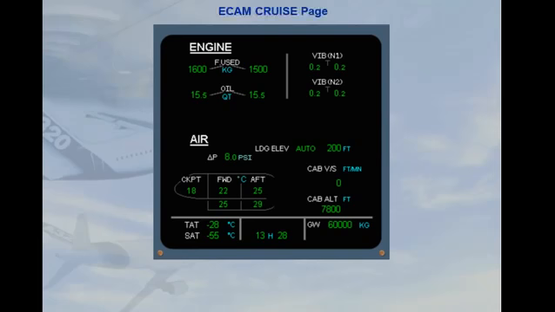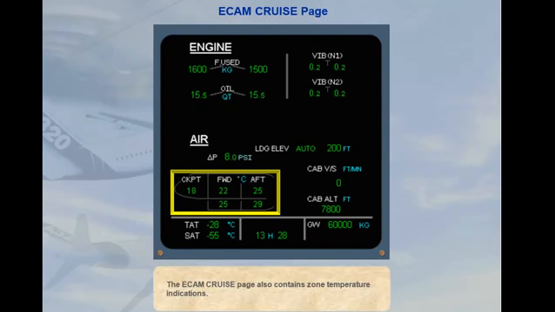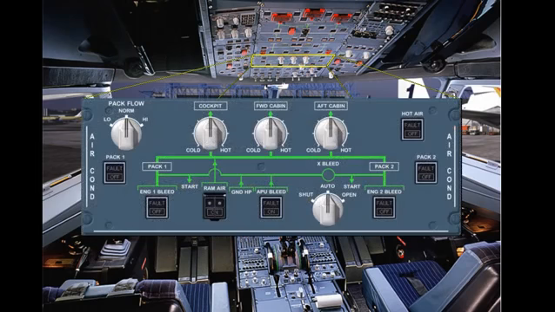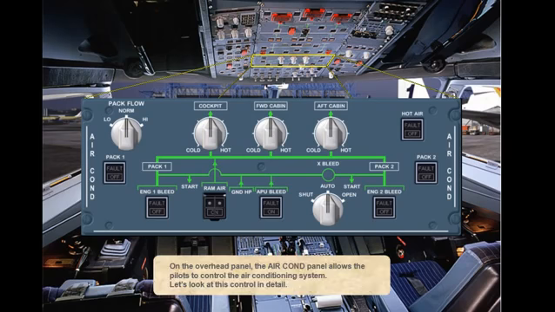The ECAM Cruise page also contains zone temperature indications. On the overhead panel, the air conditioning panel allows the pilots to control the air conditioning system. Let's look at this control in detail.